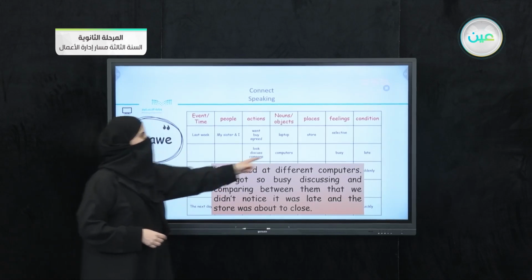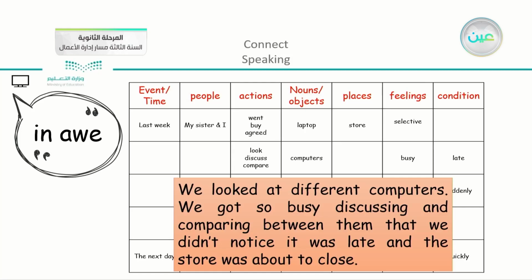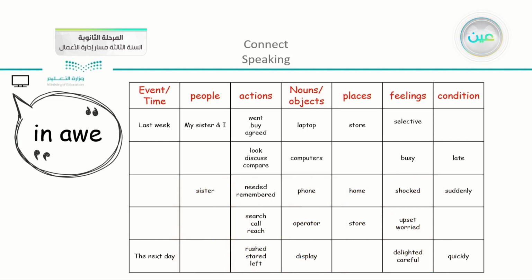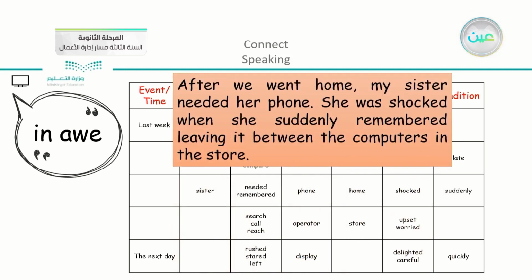We got so busy discussing and comparing between them that we didn't notice it was late and the store was about to close. After we went home, my sister needed her phone. She was shocked when she suddenly remembered leaving it between the computers in the store. So you can see that we have shocked as a feeling. We have suddenly, needed, remembered, all in the same order that happened.